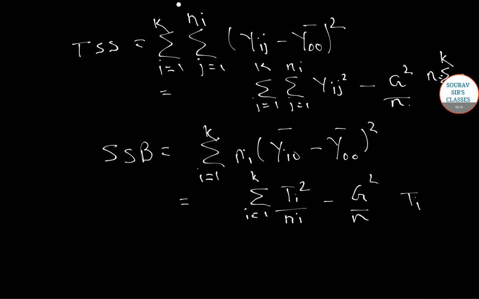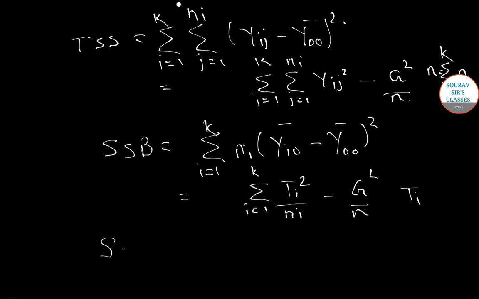And by the previous formula, we can find SSE as TSS minus SSB.